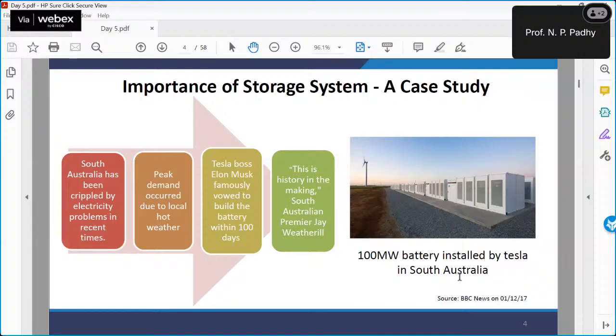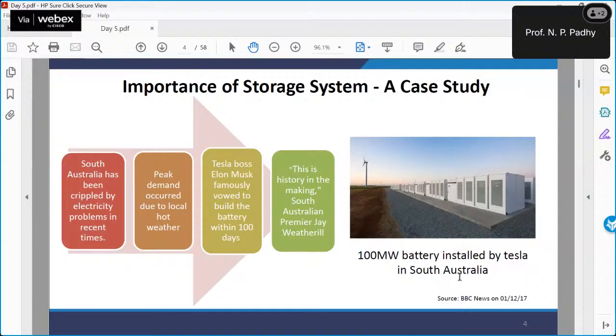Within 100 days, close to 3 months, a 100 megawatt battery was installed by Tesla in South Australia. So this is one of the strongest examples for all of us that if required, any amount of storage can be installed across the world, across the country.